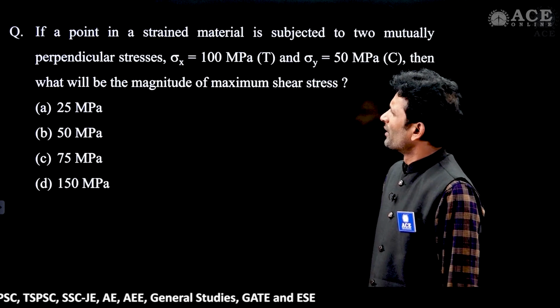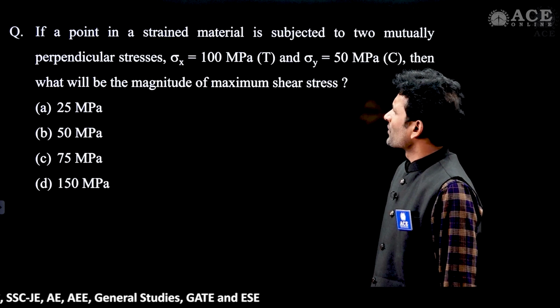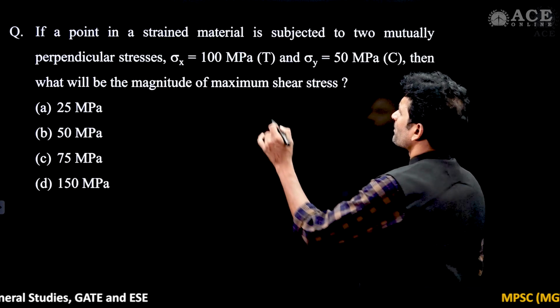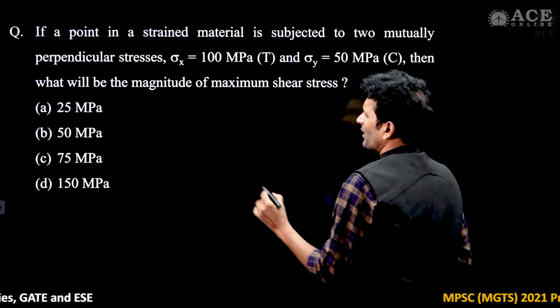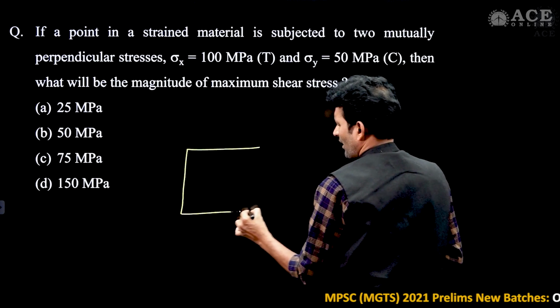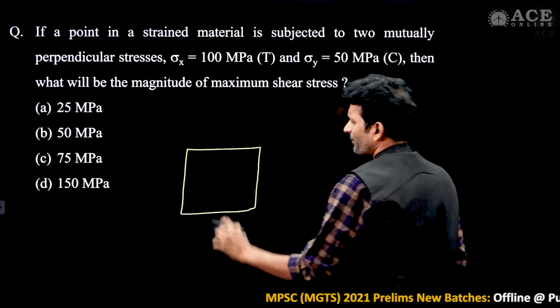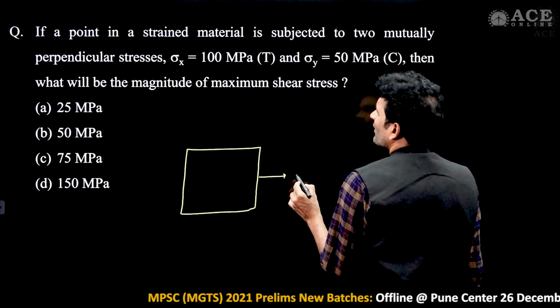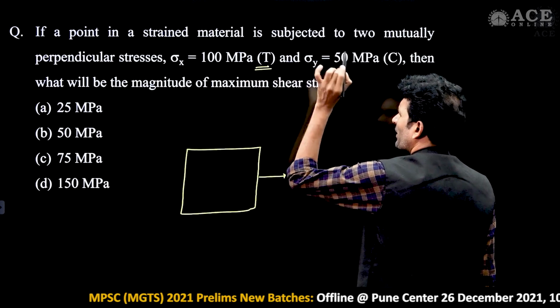Look at the question. If a point in a strained material is subjected to two mutually perpendicular stresses, let us show that on an element, the state of stress. So, sigma x is positive. Why is it positive?